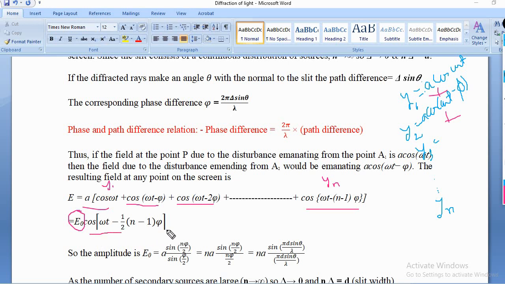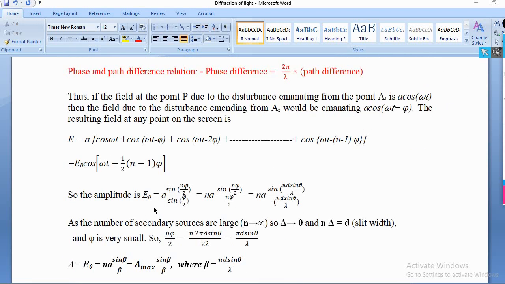This is the time dependent phase part. But we are really interested in the amplitude part. As we are talking about light, we must think about the intensity factors. So what is E0? E0 is given as A sin n phi by 2 divided by phi by 2. Here phi is the phase between the individual secondary waves, and n is the number of secondary waves.